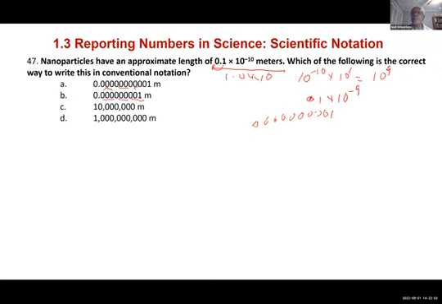So this is the correct answer, because you have to move 1 here. This becomes 1 and 8 zeros here.